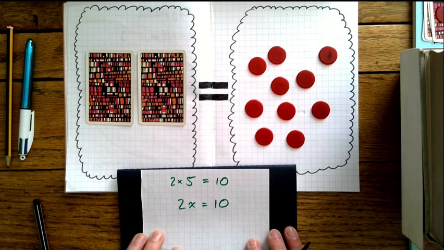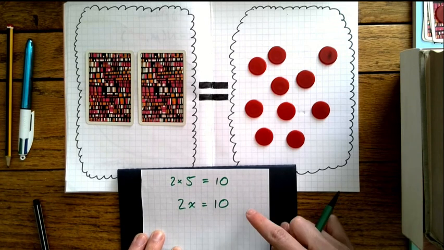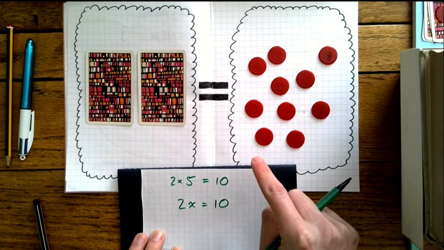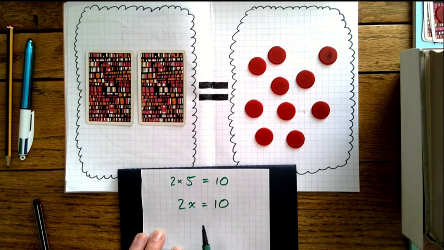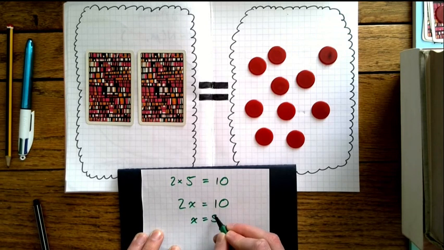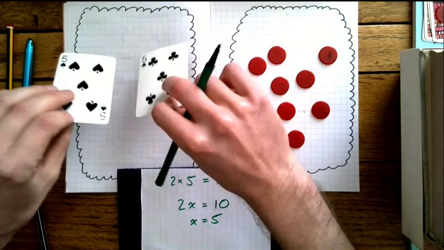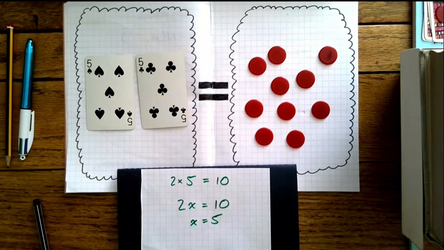That looks very much like an equation to me. This equation means what's going on here. We have 2 numbers, 2 times a number equals 10. And we knew from before that that means that each of those is 5.